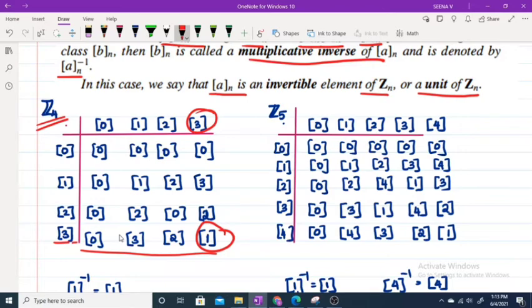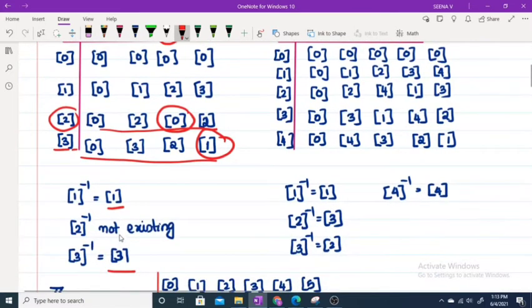There is no entry 1 in the row for 2, therefore no inverse exists for 2. But if you look at 2 times 2, clearly 2 is not equal to 0, but multiplying them we get 0. That means 2 is a zero divisor.